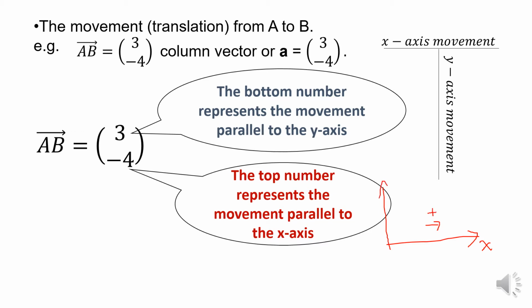And when you go up in the y direction, it's actually positive as well. So when we go down, when we reverse, for example, in the y direction, this is negative. And when you go to the left, obviously the value here will be negative. So here it's positive, so that means it went to the right.